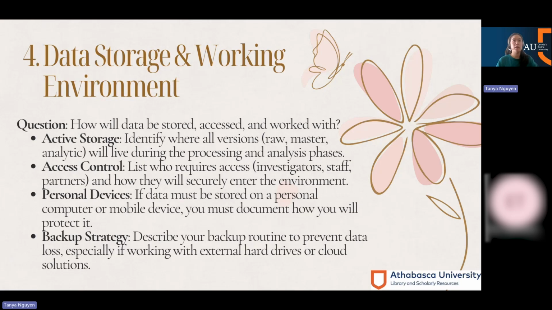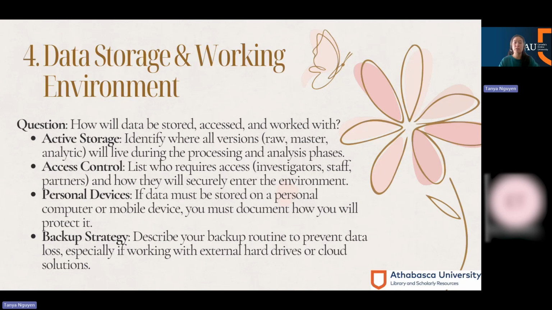And you can define these by using the terms raw, master, and analytical or processed data, and you can append that into your file format name. And by identifying your storage locations in your data management plan, we set a foundation for secure and efficient data handling.